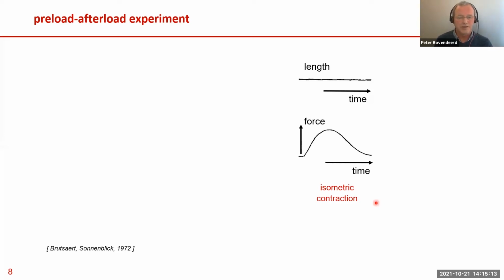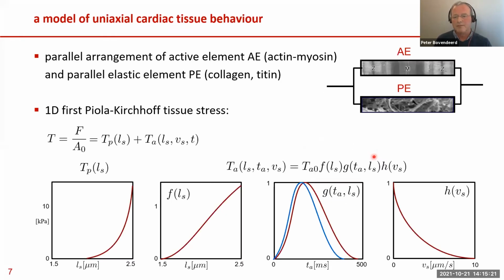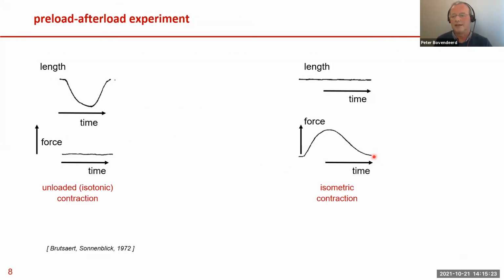They took a piece of muscle, they kept it at a constant length, and they registered the force upon activation. At the other extreme, they took this piece of muscle, did not load it at all, activated it, and then you can see that this muscle will shorten and then will lengthen again.